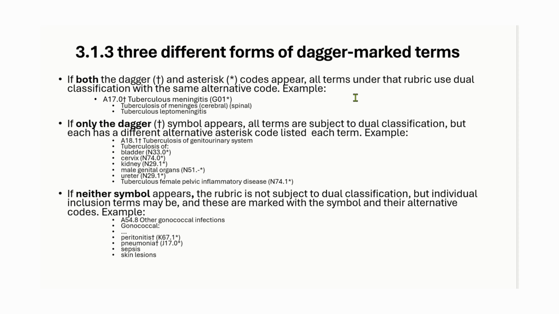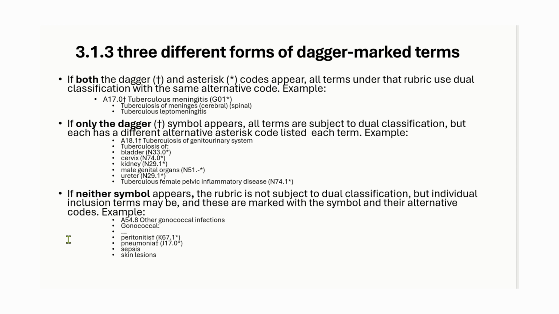I've given here an example of tuberculosis meningitis. Now, in certain cases, only the dagger symbol appears, and all terms are subject to dual classification, but each has a different alternative asterisk code listed on each term. Here are several examples below.